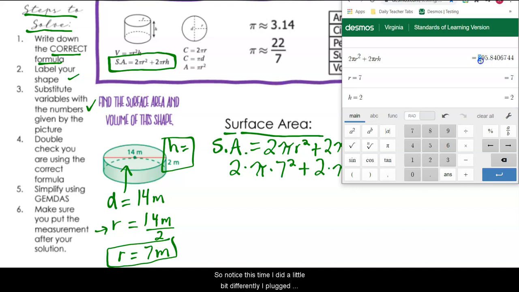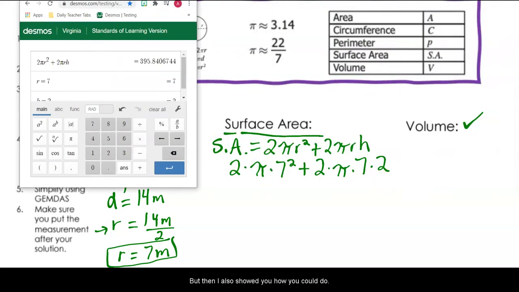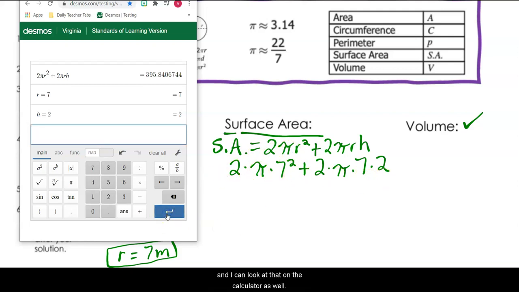So notice this time I did it a little bit differently. I plugged in the numbers, but then I also showed you how you could do it without plugging them in, but just telling Desmos what the values were. I could also have done it this way and simplified all that out, and I can look at that on the calculator as well.